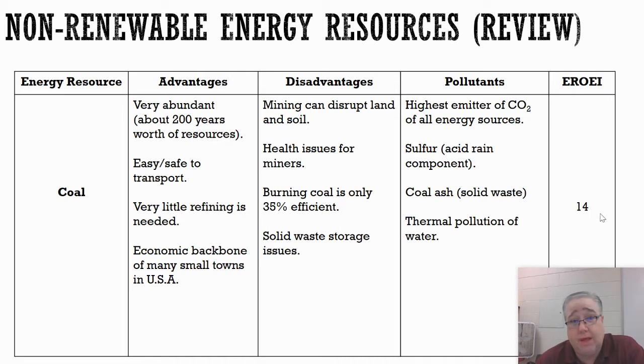So an EROEI of 14 is relatively high for a fuel source. The higher that number is, the more likely we're going to want to pursue that resource because it can provide lots of energy with very little input. We don't have to do much to actually obtain it.